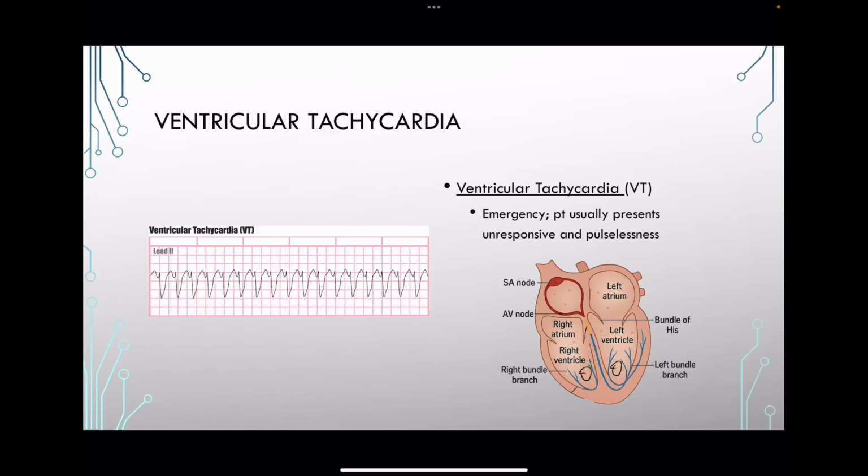So with V-tach, you're going to have those wide complexes through each one and almost like a hump in between. That's it. You won't have any atrial activity because this activity is coming from your ventricles. In this case, your ventricles don't have enough time to repolarize fully or relax fully. So your QRSs are wider because it's not going to be a full beat, a full contraction. Therefore, your QRSs are typically wider in this one.